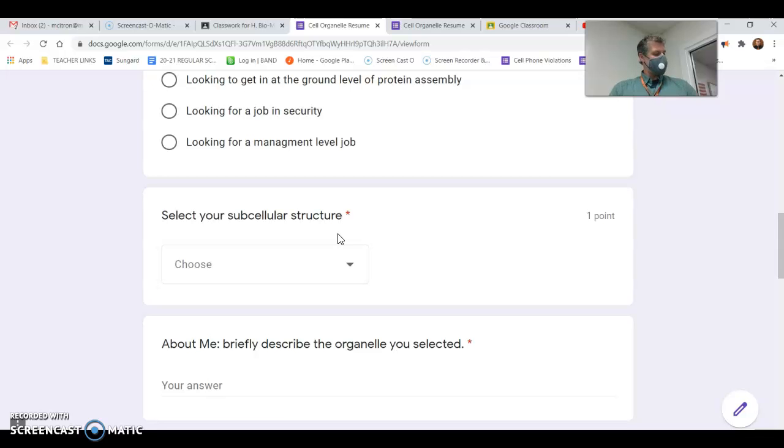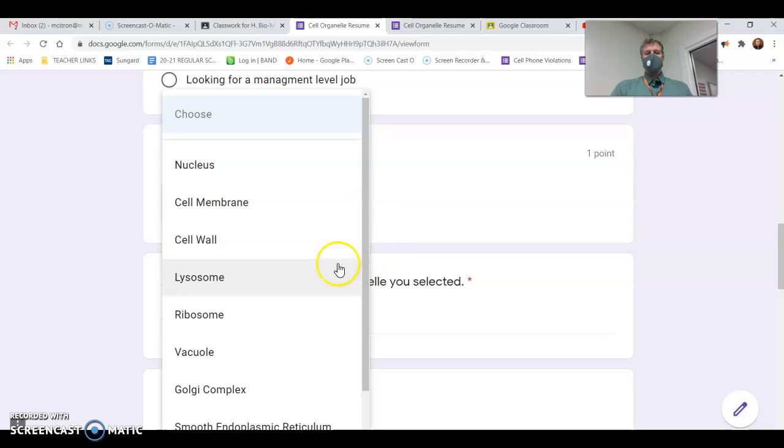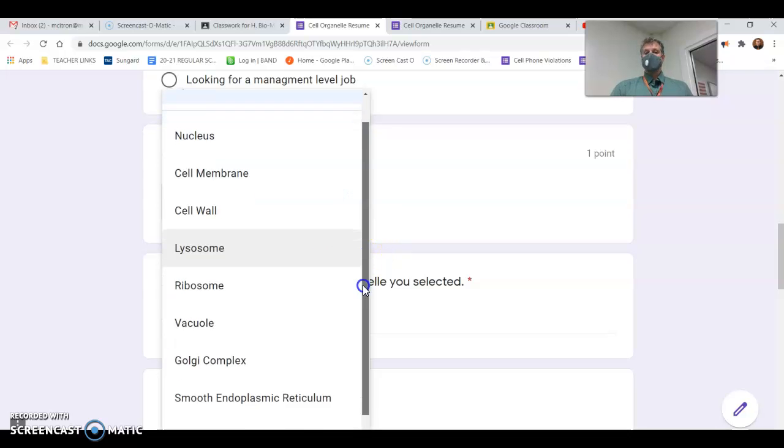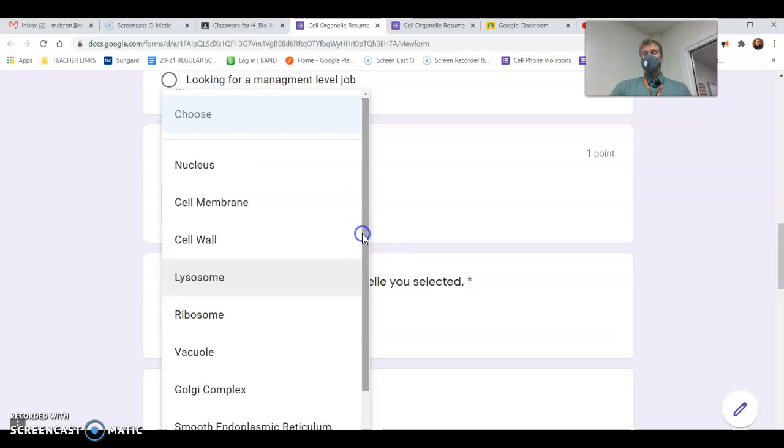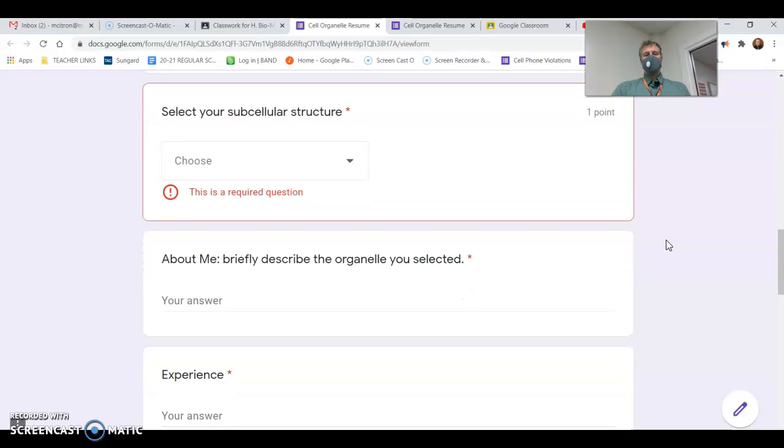So then in your drop-down box, you would then select which of those organelles you are looking to actually apply as. Are you going to call yourself the nucleus, the cell membrane, the cell wall? You'll notice I did not mention lysosomes or vacuoles yet. If you're not sure where they fit in, then make sure you ask and or look.